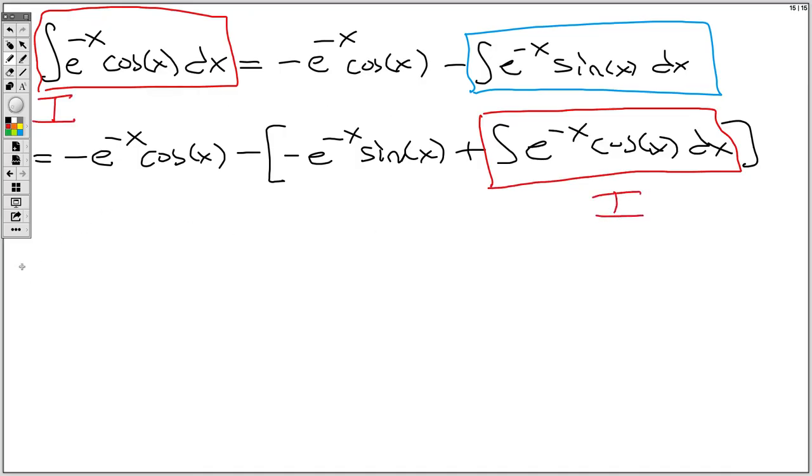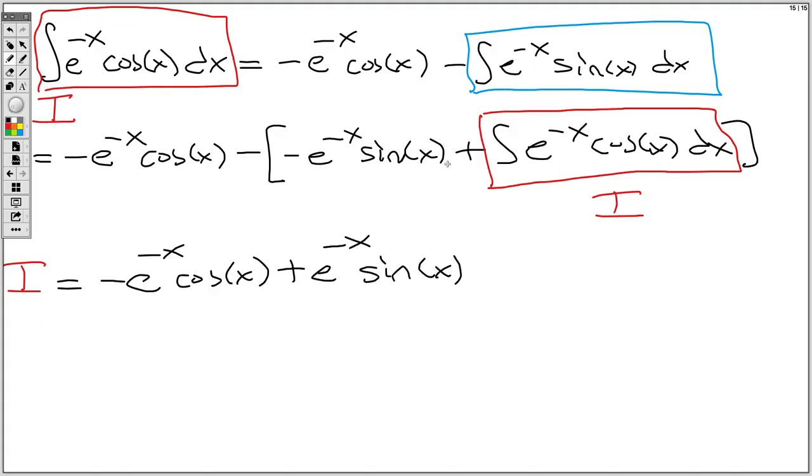And what we've got is the integral I that we care about is equal to negative e to the minus x cosine x plus e to the minus x sine x minus that integral I. So think about this as an algebra problem now, folks. I'm trying to figure out what I is. I've got I over here, I over here. I can add I to both sides.